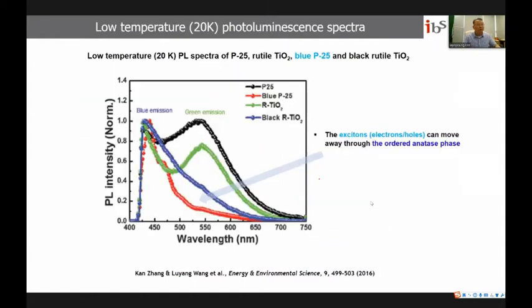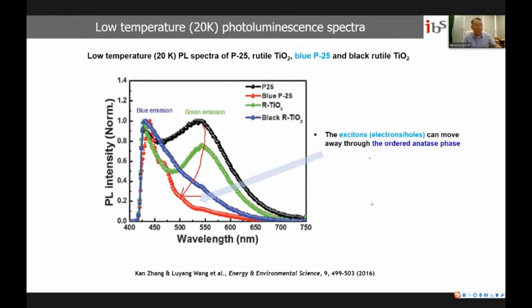Through the PL measurement, we found that the blue one gives very fast dispersion, so the exciton can move away easily through the anatase phase. That's the reason why it gives the best yield in the world.